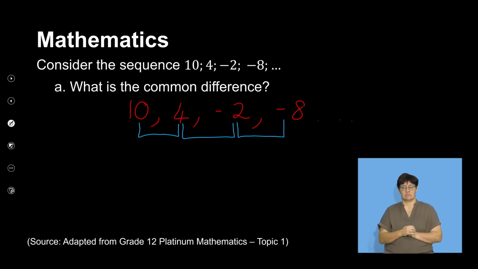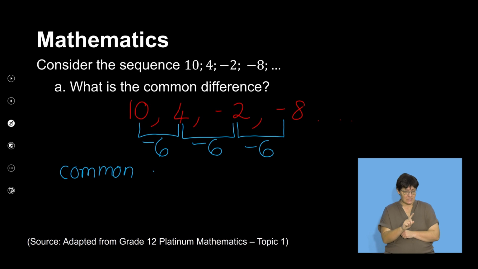So, between 10 and 4, I can see that I subtracted 6. Then, to get from 4 to negative 2, I subtracted 6 again. Then, to get from negative 2 to negative 8, I subtracted 6 again. So this means that the common difference is in fact negative 6.